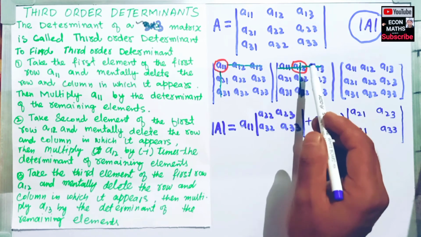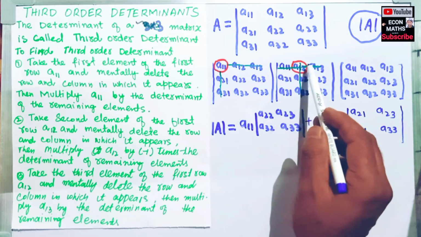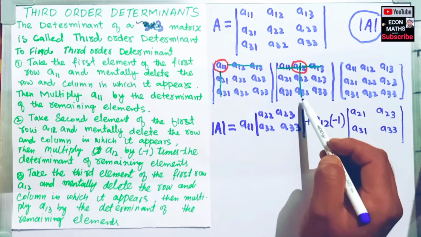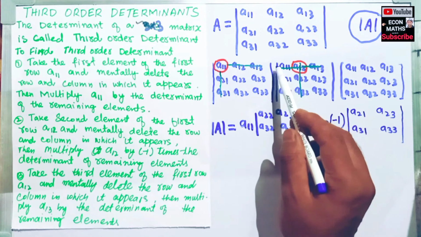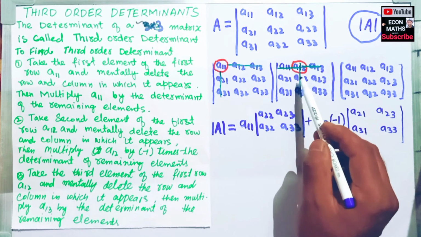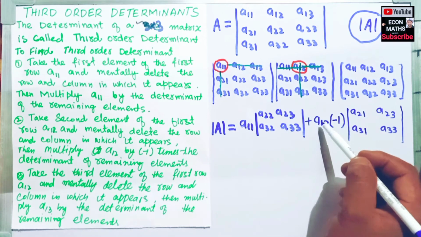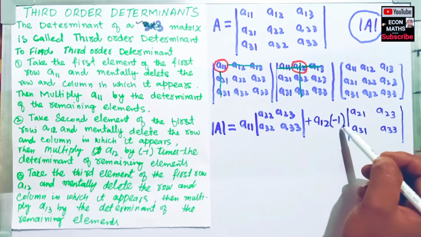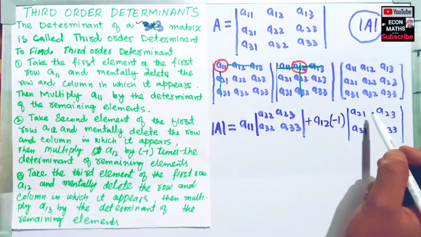We take the second element of the first row and mentally delete the row and column in which it appears, like this. Then multiply A12 by -1 times the determinant of the remaining elements.